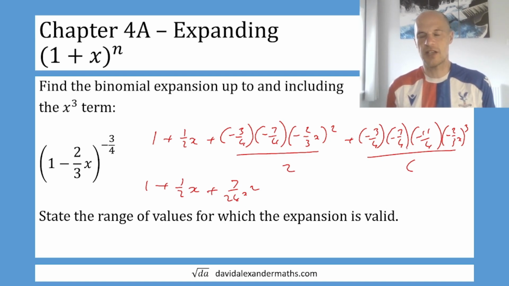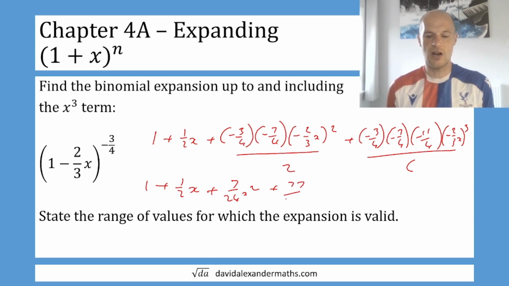And for the x cubed term, 3 times 7 times 11 times 2 times 2 times 2, divide by 4, divide by 4, divide by 4, divide by 3, divide by 3, divide by 3, divide by 6. And that is 1, 2, 3, 4, 5, 6 negative, so that's positive as well.